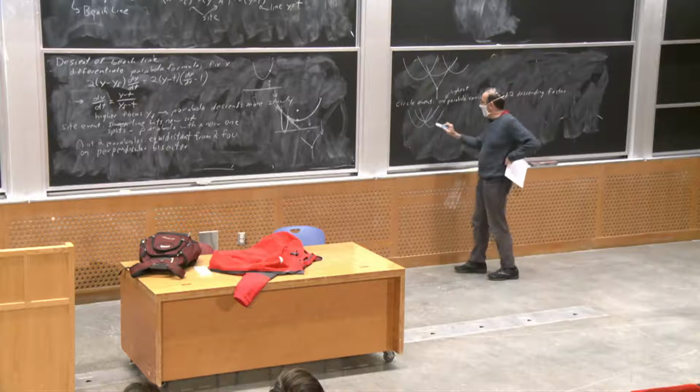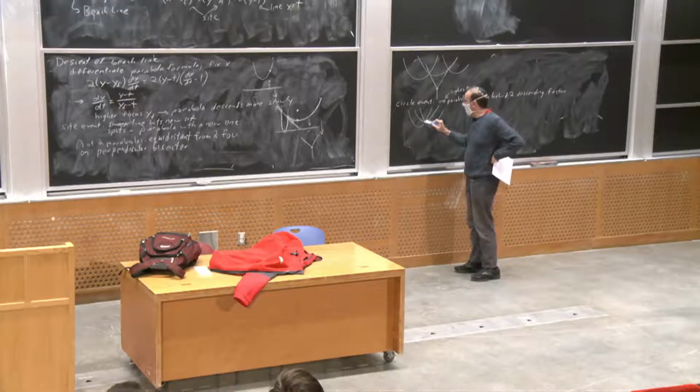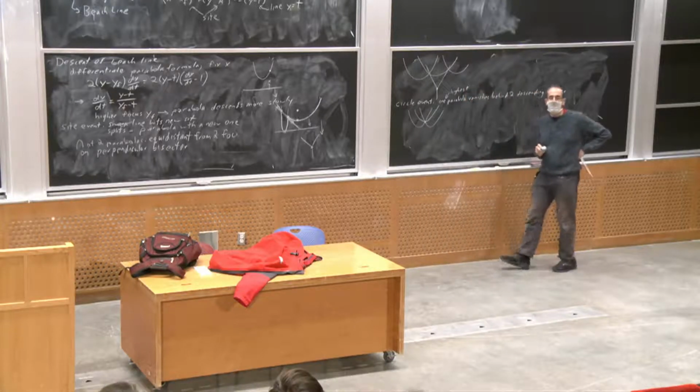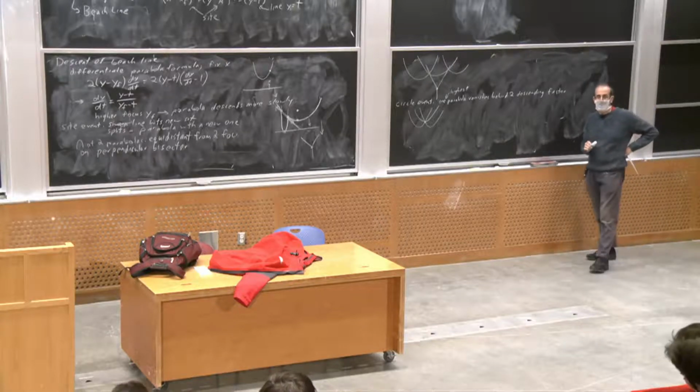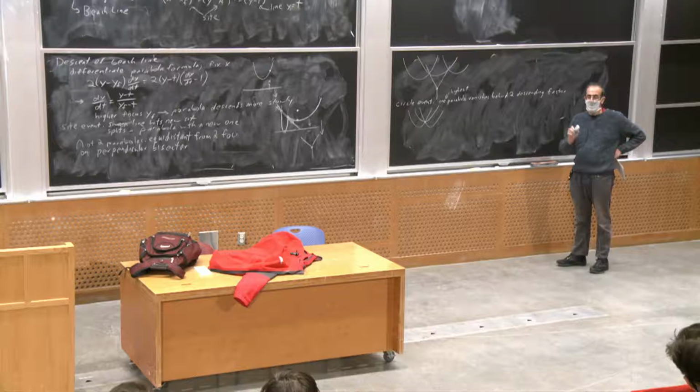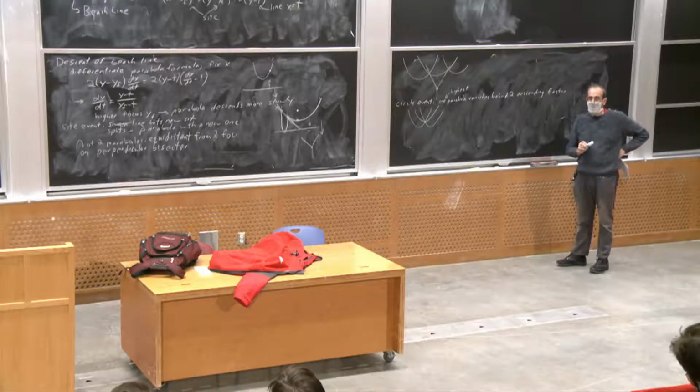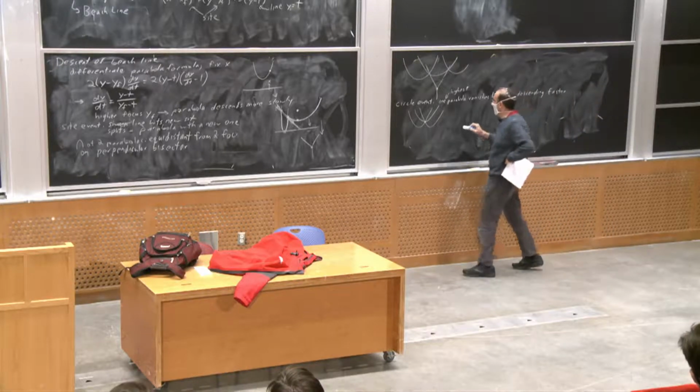And what does it mean when three parabolas are intersecting? What is that intersection point of the three parabolas? That is a Voronoi point.